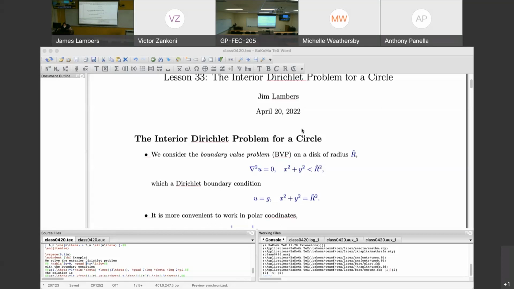And the only problem I have left to cover is the Dirichlet problem between two circles. I'm looking at my notes for that. There's a bit more involved.